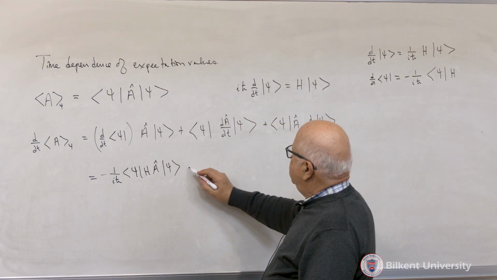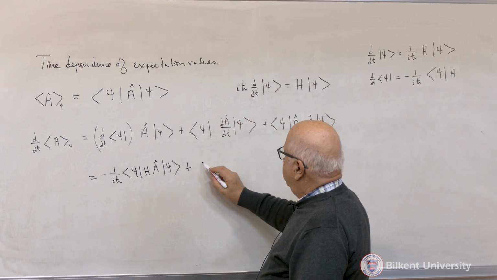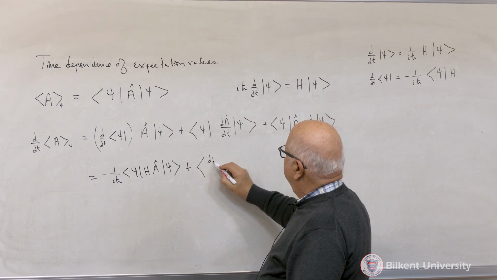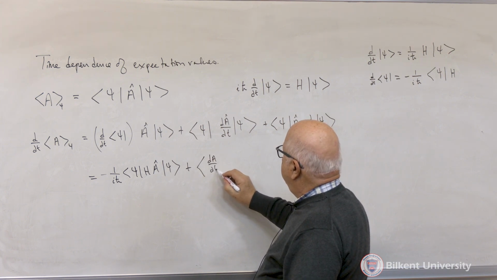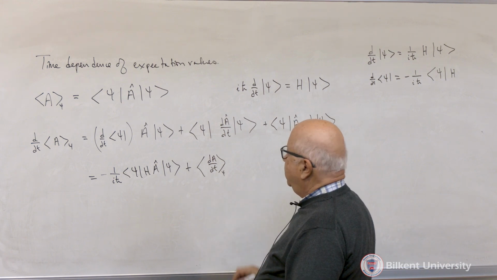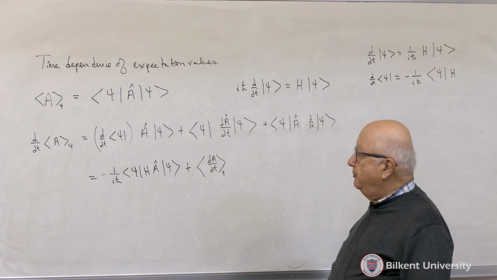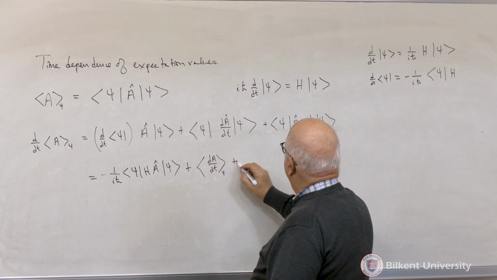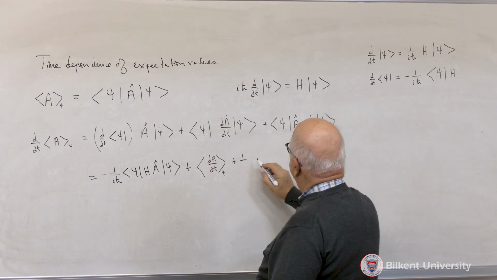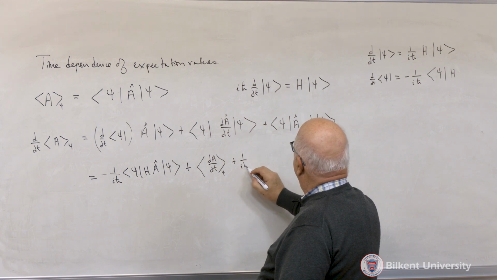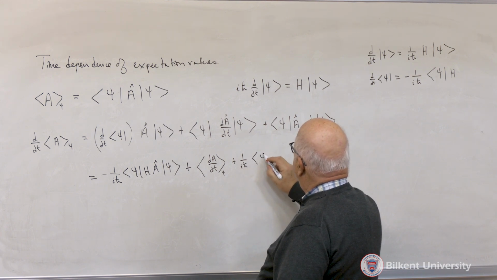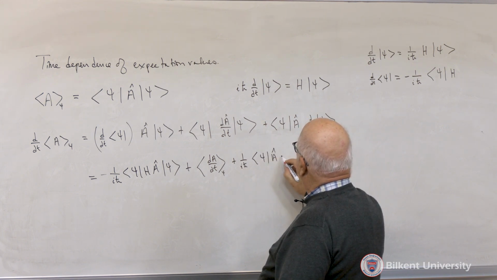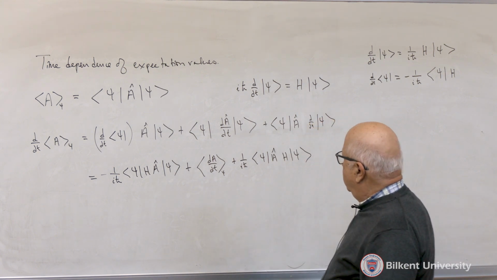plus the expectation value of dA/dt with respect to the psi state. And then I have plus 1 over i h bar ⟨psi|A H|psi⟩. H is an operator, right?